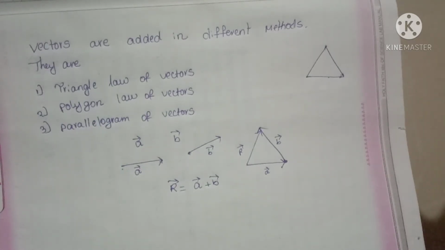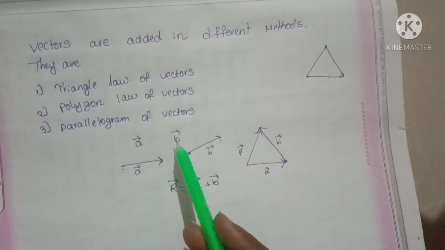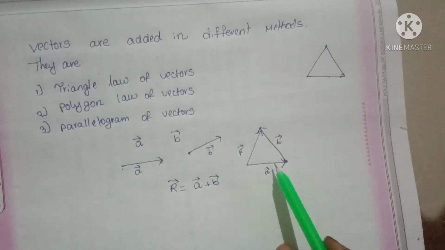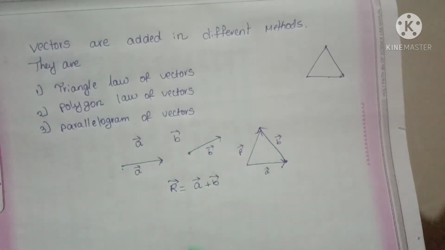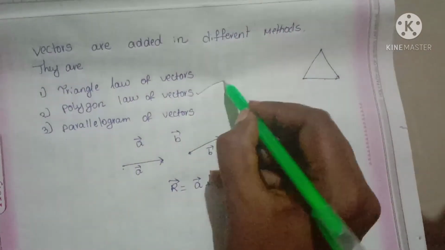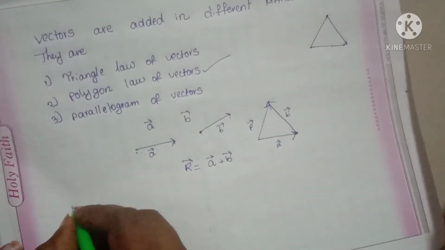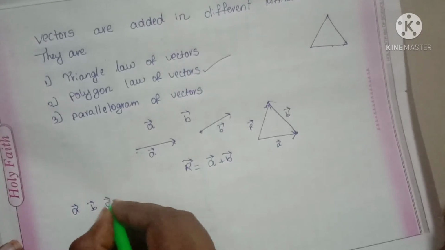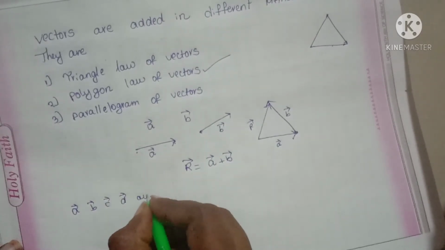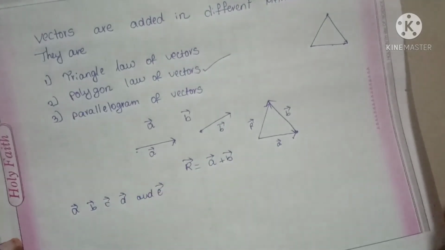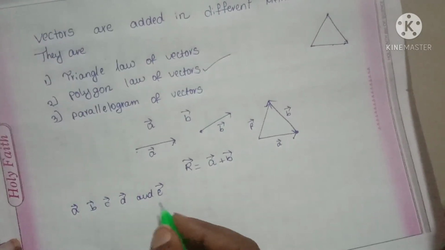Next, see the polygon law of vectors. If there are two vectors, we can take the triangle. If we want to add more than two vectors, then we go to the polygon law of vectors. Here I am taking vectors A bar, B bar, C bar, D bar and E bar. One, two, three, four, five: five vectors are there.